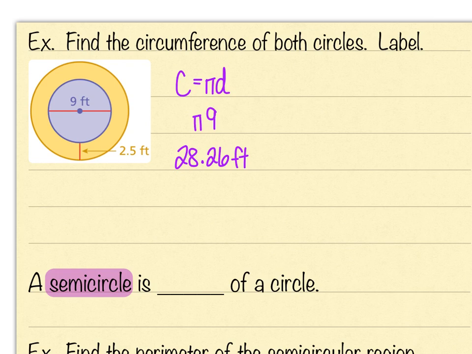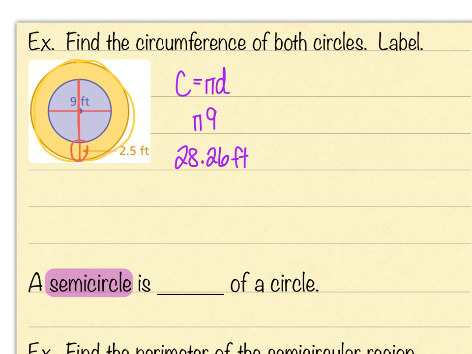And then now we get to this golden circle on the outside. We want to know the distance around this golden circle, going all the way around it. So how are we going to do that when they only give us a small chunk of the circle? Well, imagine if I could rotate the purple circle a little bit to line up those red lines. I know it's 9 feet across the purple circle, so that's going to be 9.